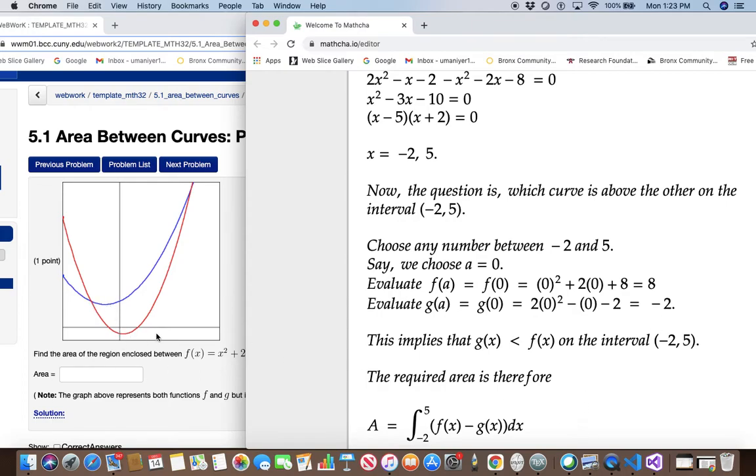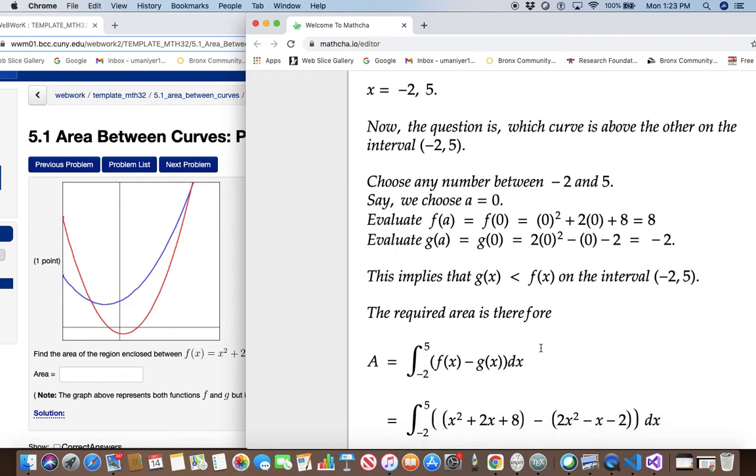So between negative 2 and 5, you can choose any point and you notice blue is above and red is below. Any number you had chosen between negative 2 and 5, you would have found that f has the higher value. So on the interval negative 2 to 5, g(x) is smaller than f(x).